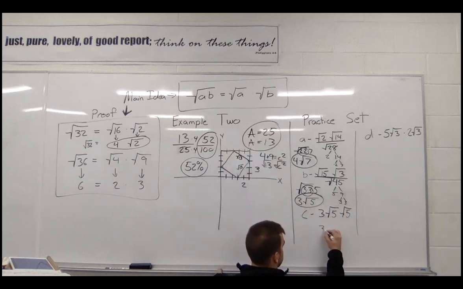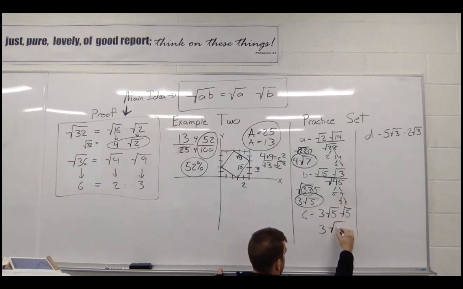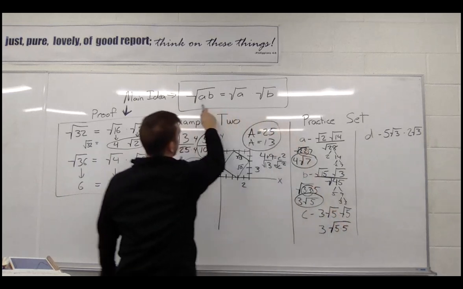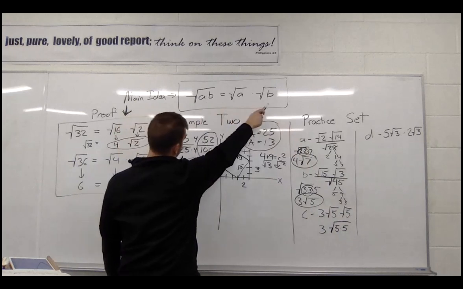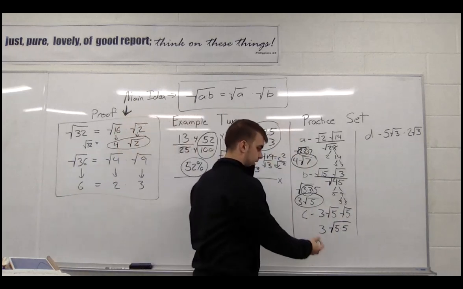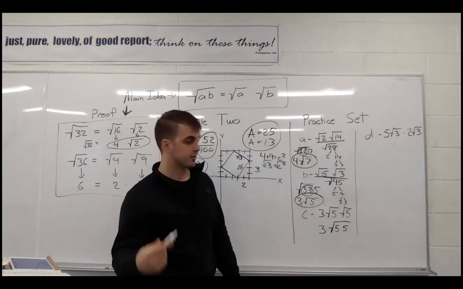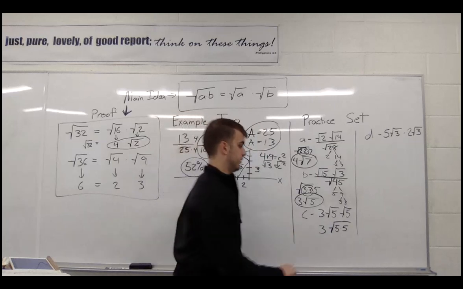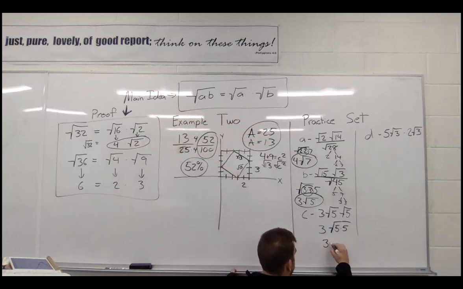3 times the square root of 5 times the square root of 5. What is 5 times 5? You can combine them together because you go back up to here. You can pull them apart or you can put them together. 5 times 5 is 25. The square root of 25 is 5. So 3 times the square root of 25, which is 5.